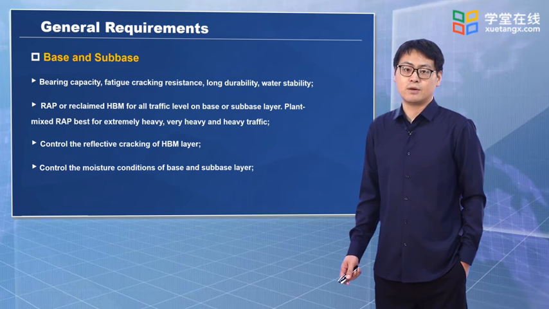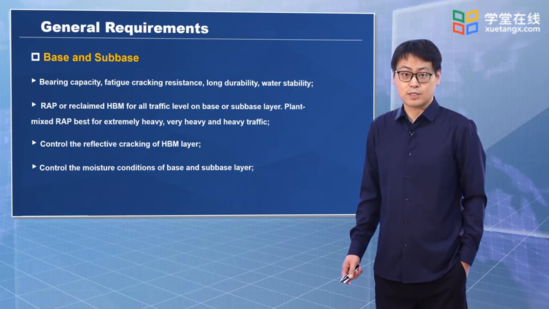In addition, you can install a stress-absorbing layer like a graded crushed stone or geogrid materials on semi-rigid base layer. For sub-base layer in wet or moist conditions, sub-base layer with granular material or functional layer with granular materials should be used.